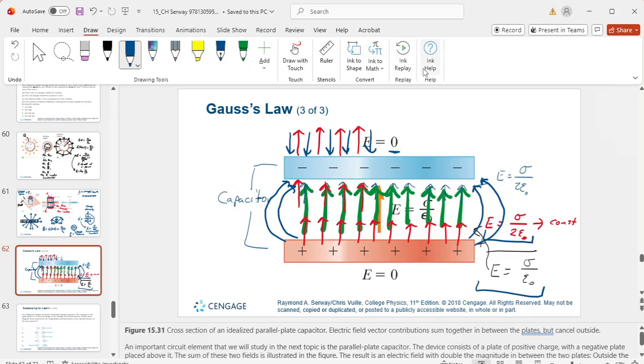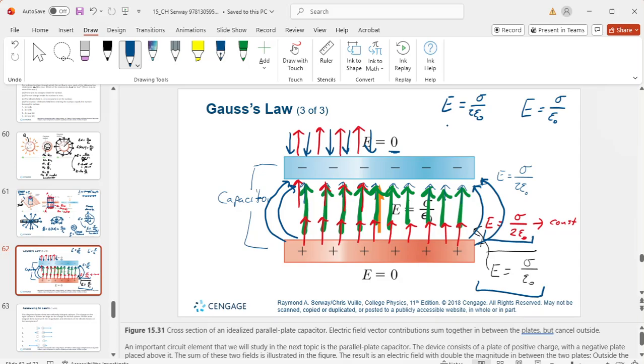So, keep this in your back pocket. The electric field of a sheet of charge is constant everywhere, if it's infinite, and the value is given by the charge density. The more charge I have in some area, the stronger my field. That makes sense. Divided by 2 times epsilon naught. This is for a single sheet. When I have both plates together, then both halves make a whole, and I get sigma over epsilon naught.